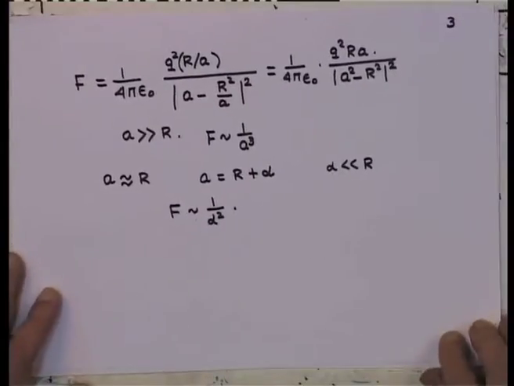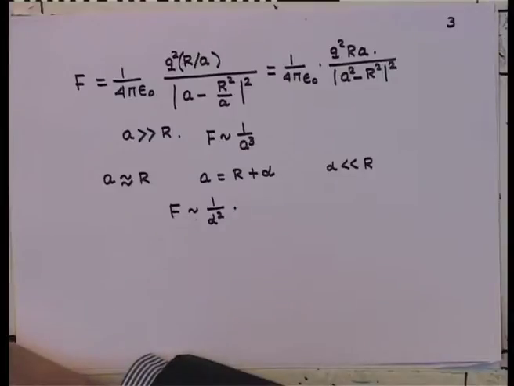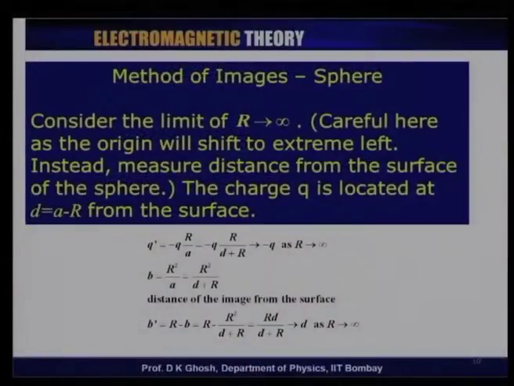Now, one interesting thing I would like to point out here: suppose I let the radius become very large. Now, you realize that a sphere of infinite radius is not distinguishable from a plane.